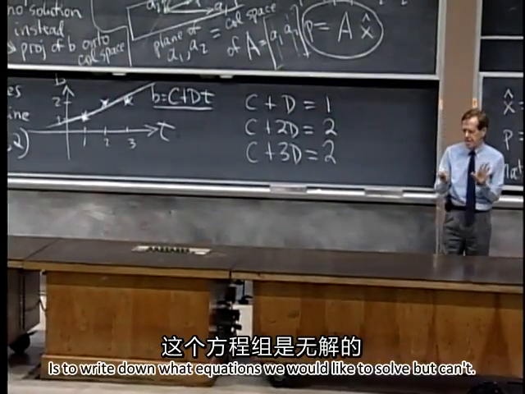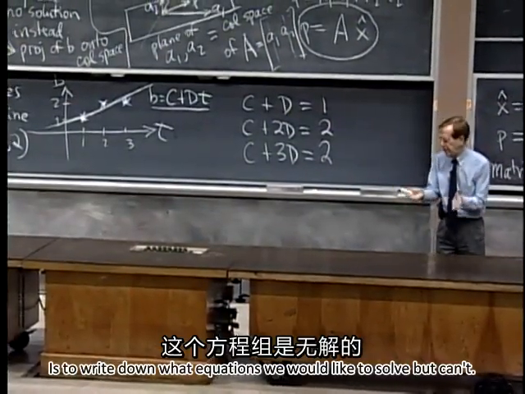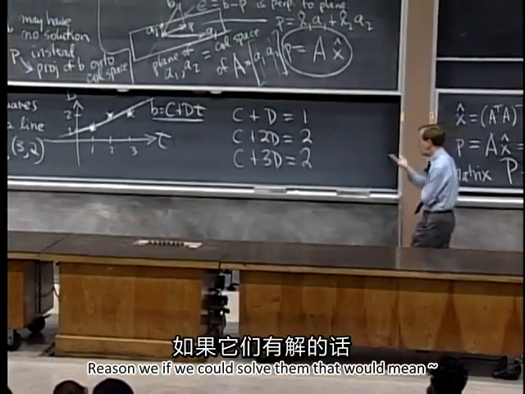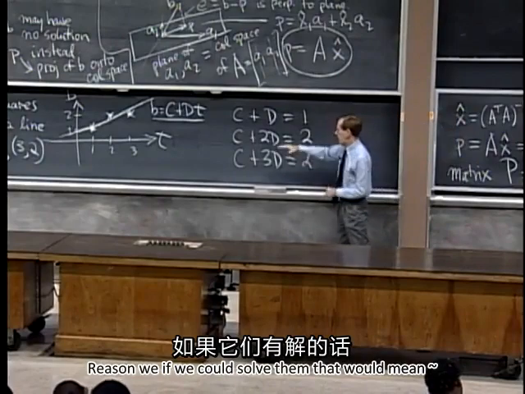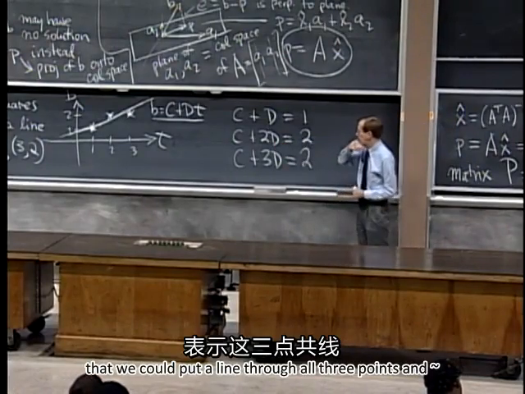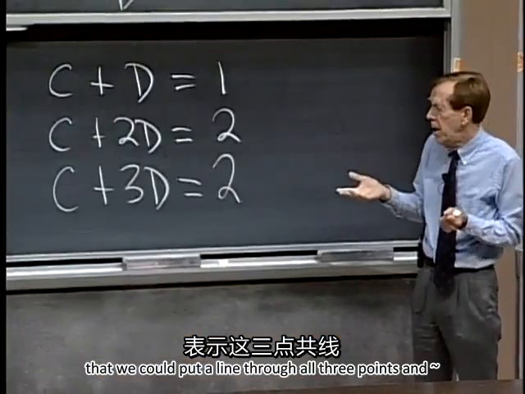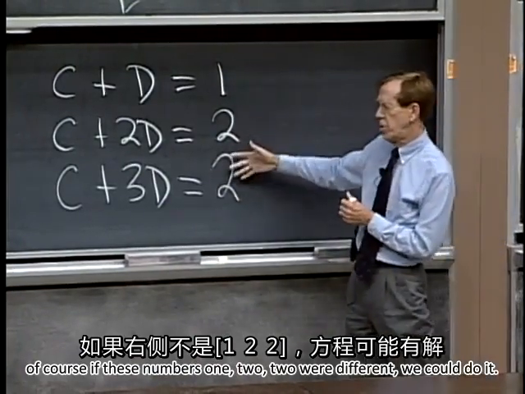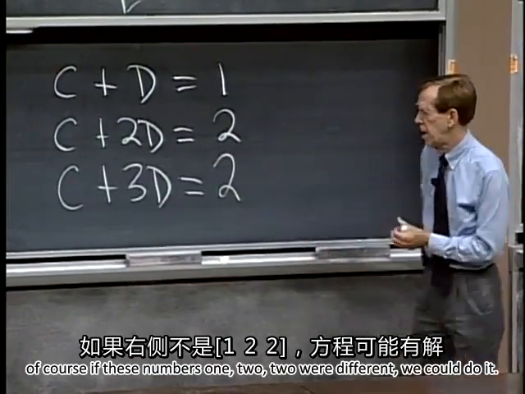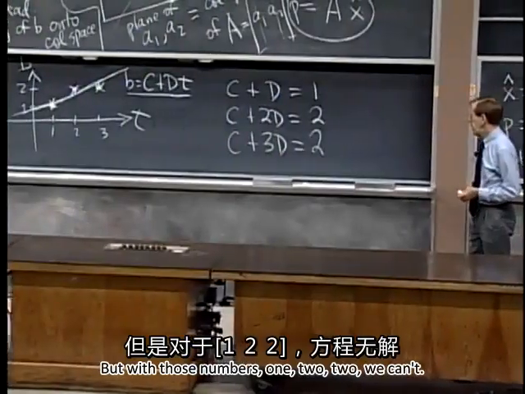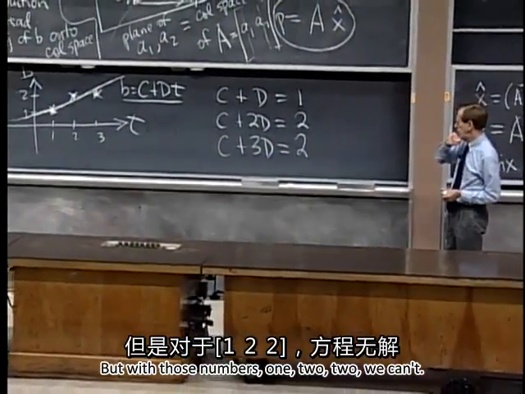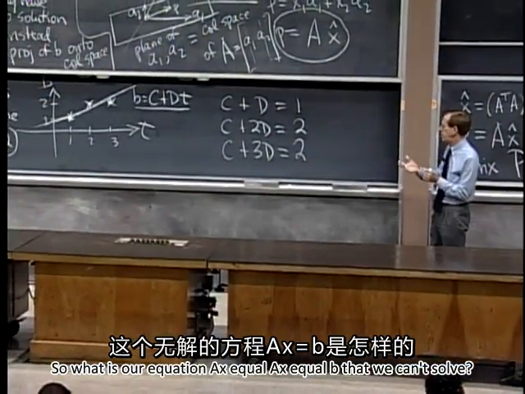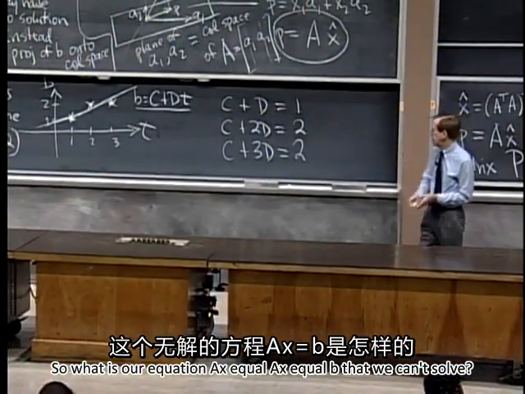That's the key, to write down what equations we would like to solve but can't. If we could solve them, that would mean that we could put a line through all 3 points. And, of course, if these numbers 1, 2, 2 were different, we could do it. But with those numbers, 1, 2, 2, we can't. So what is our equation AX equal B that we can't solve?